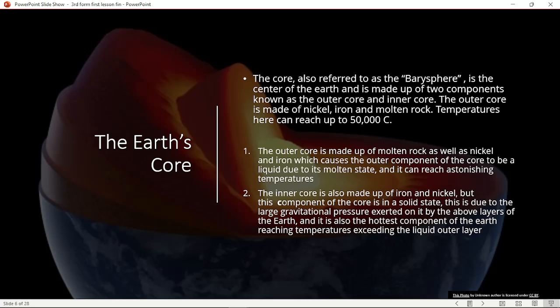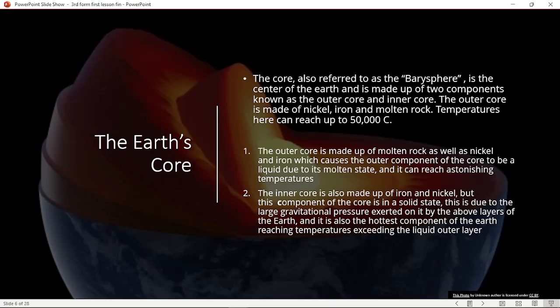The first of the two components of the core, the outer core, is made up of molten rock as well as nickel and iron, which causes the outer component of the core to be a liquid due to its molten state, and it can reach astonishing temperatures as mentioned before.